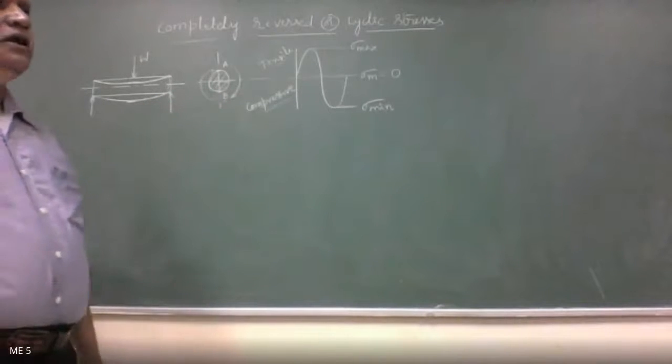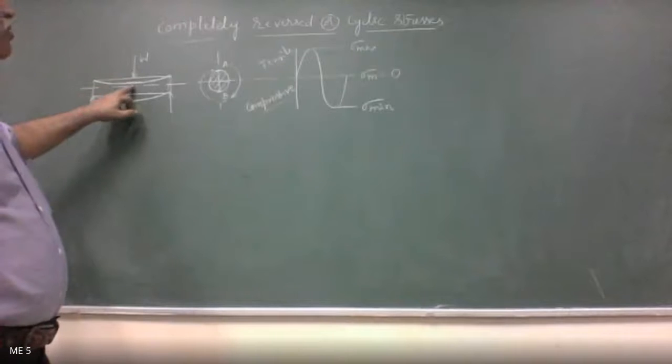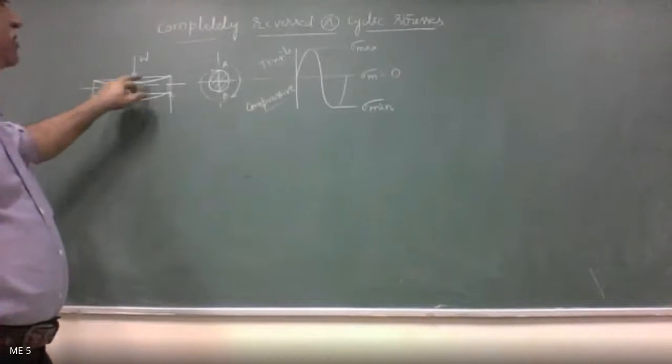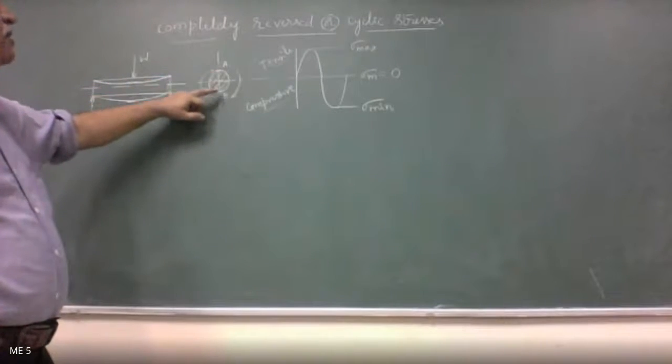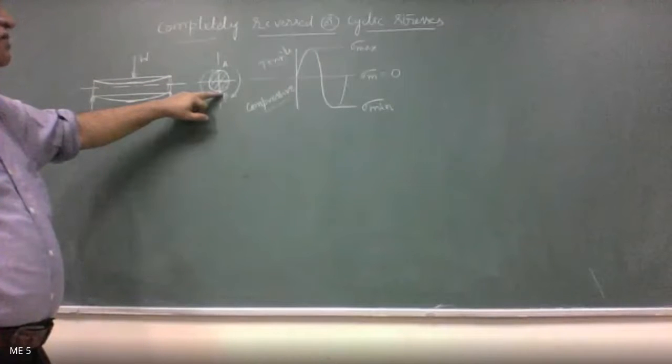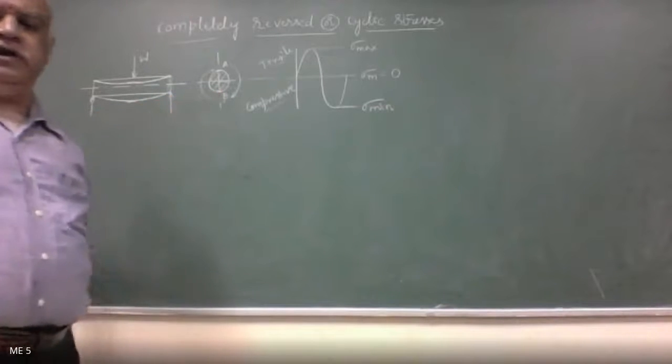That is initially because of the applied load, right? The upper fibers of the beam are under compression, lower fibers of the beam, that's at point B, are under tensile stress.